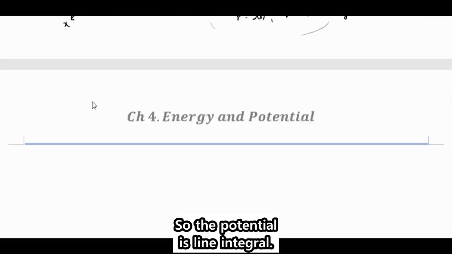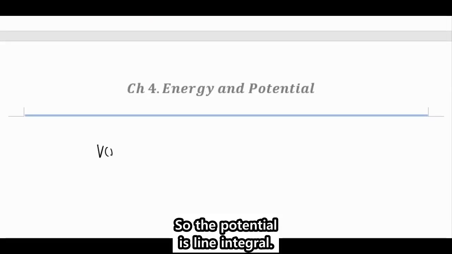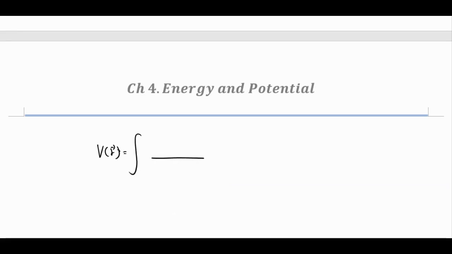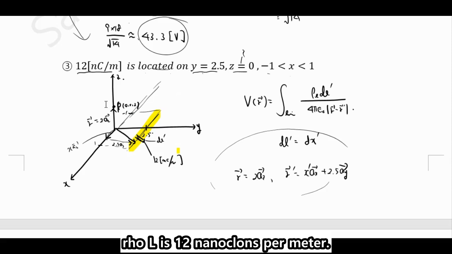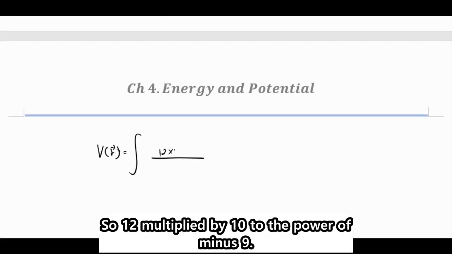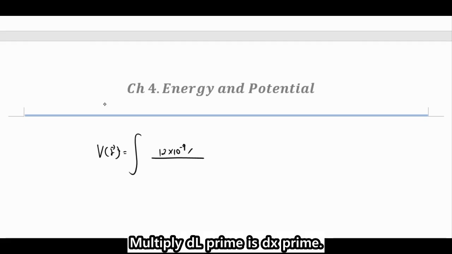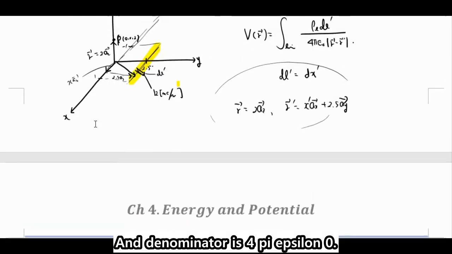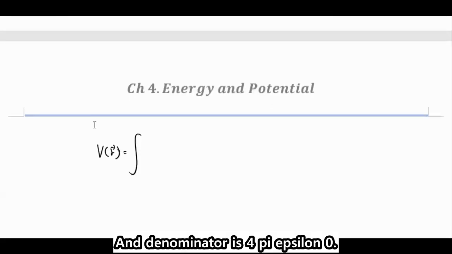So the potential is the line integral. Rho L is 12 nanocoulomb per meter. So 12 multiplied by 10 to the power of minus 9, multiplied by dl prime, which is dx prime, and the denominator is 4 pi epsilon 0.